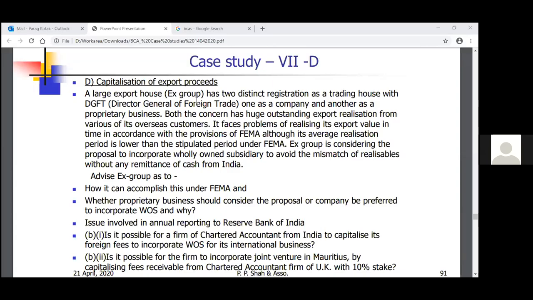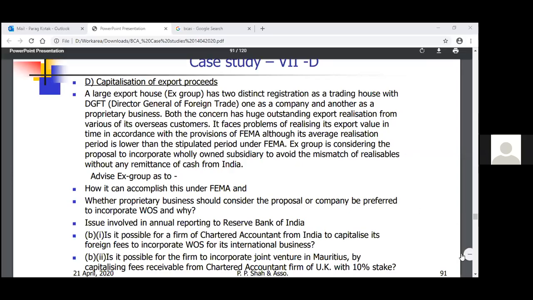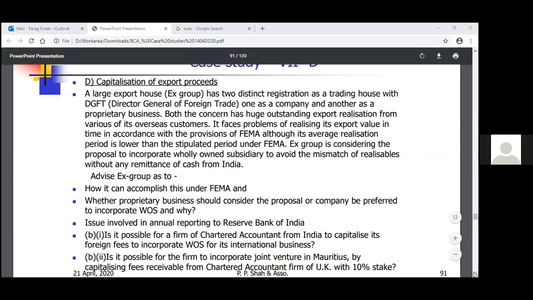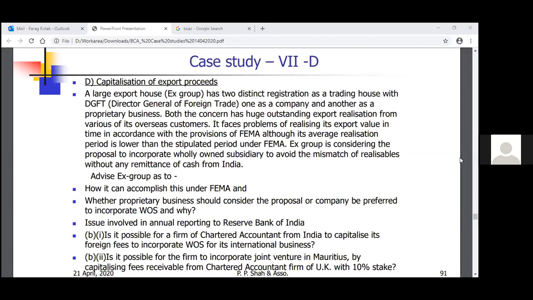This case study says that we are an export house, and in this export house, if we are a proprietary concern and there is a huge outstanding remaining, then whether we can solve this problem by utilizing notification 120 in some manner? And if the answer is so, then whether the proprietary concern is advisable or the company is advisable.